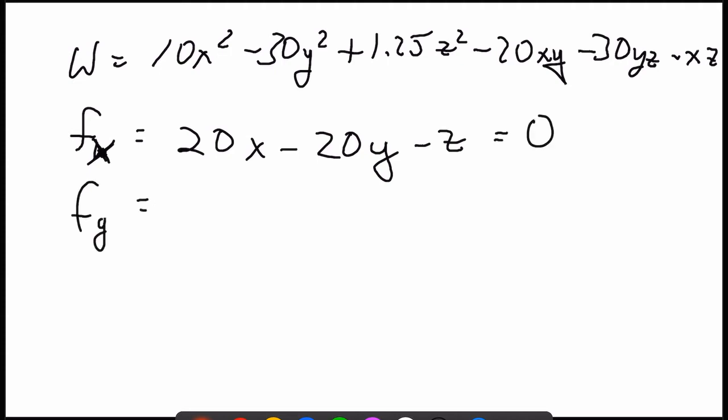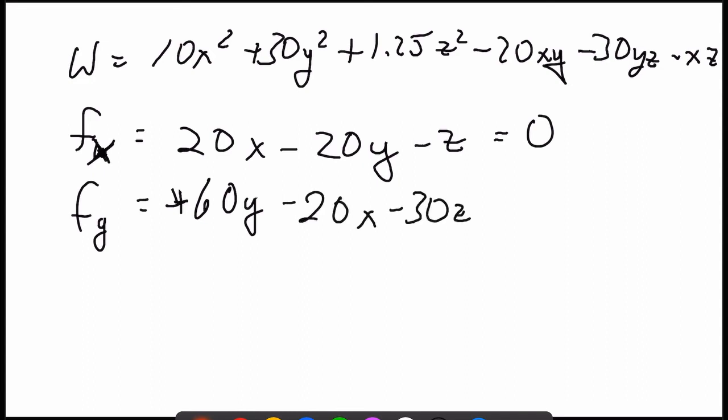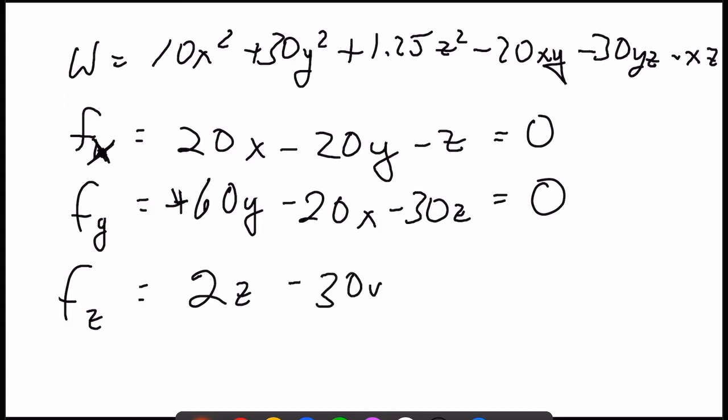The partial with respect to y would be minus 60y. Oh, that's a plus, sorry. Plus 60y, minus 20x minus 30z equals 0. And the partial with respect to z would be 2z minus 30y minus x equals 0. Okay, fun?